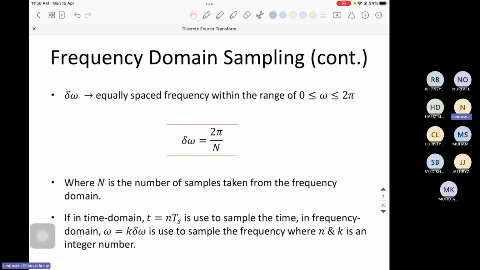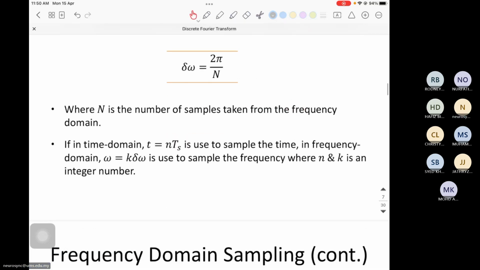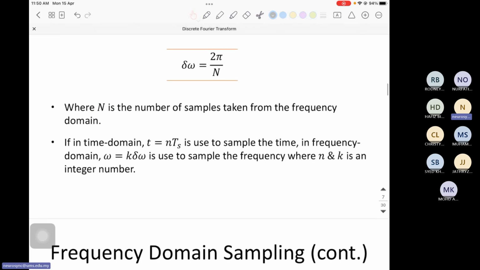Beyond 2 pi, this is a repeating sequence, that is, it is periodic. Therefore, we will get the repetitive values. So we will have n number of samples for these particular frequency values.